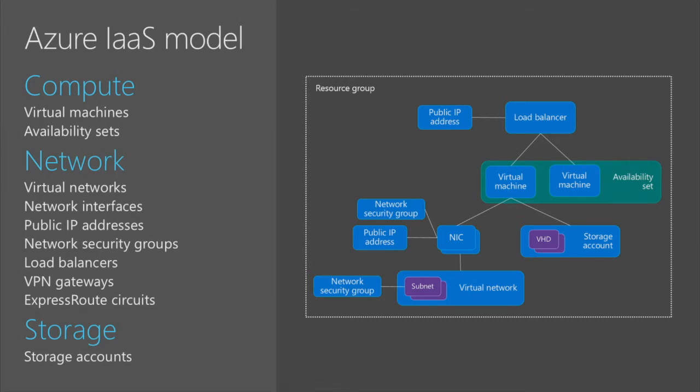We've given you public IP addresses, which can be taken and attached either to a load balancer or to a network interface directly, so you can actually access the VM or place the VM on the internet if you want. We have brought in the network security groups. These constructs existed before, but we've brought them on to be able to do ACLing both at a subnet level, where you can put it on a virtual network, or you can apply it directly on a network interface as well. And load balancers as well.